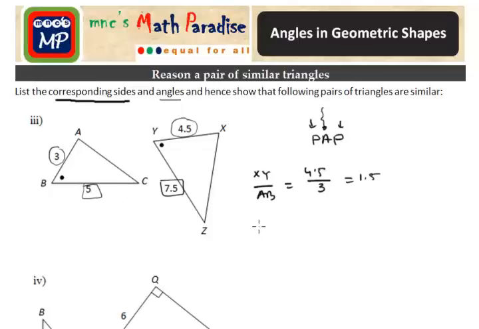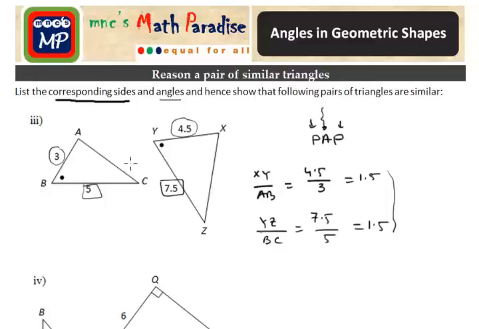If we take their proportion, then it will be YZ divided by BC, which is 7.5 divided by 5, that means 1.5. That means these two adjacent arms are in proportion and their included angles are also equal. So these two triangles are similar.